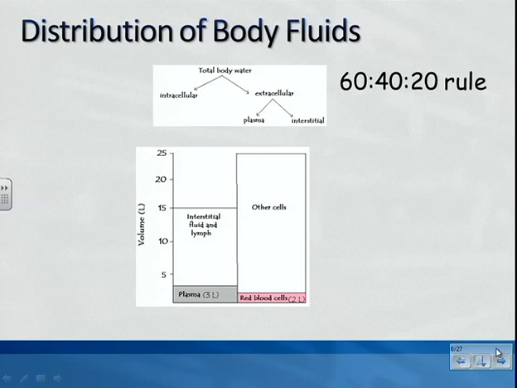That's your 20%. So 20% of your body weight is water found in the extracellular fluid. What's part of your extracellular fluid? Well, that would be your plasma. That would be things like synovial fluid, cerebrospinal fluid. Those are all examples of extracellular fluid. So that's your 60, 40, 20 rule. Most of that water is inside the cells.